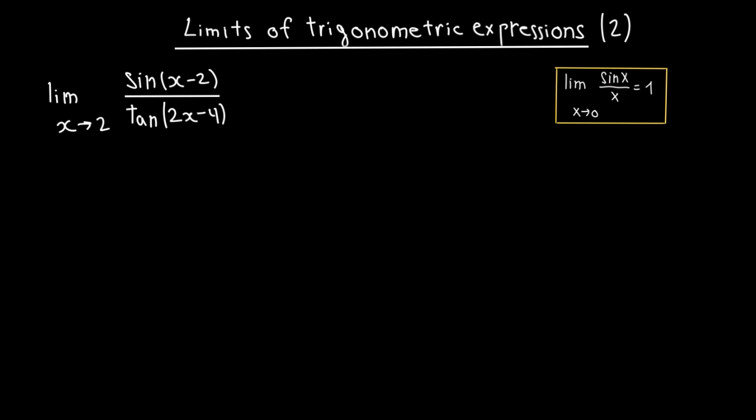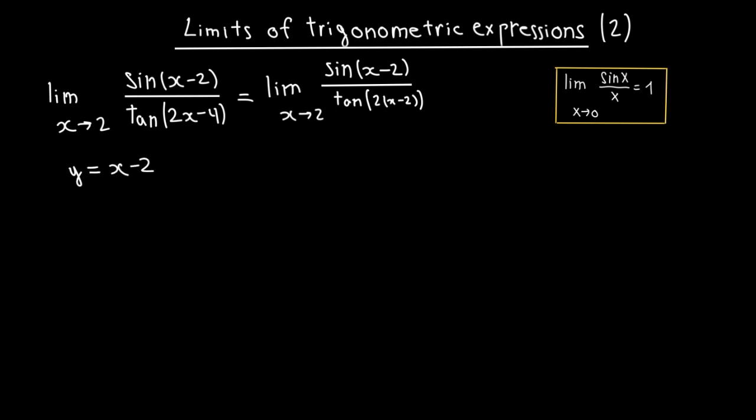Now notice that we can factorize here the 2 in the input of tangent to get sine of x minus 2 divided by tangent of 2 times x minus 2. And now we can set y equal to x minus 2, which simplifies our expression to the limit of y tending toward what?